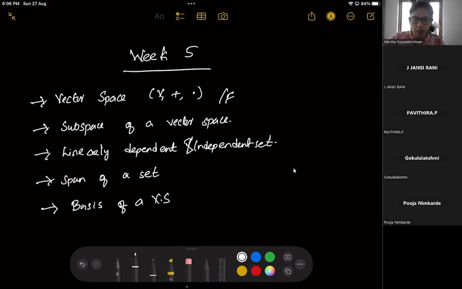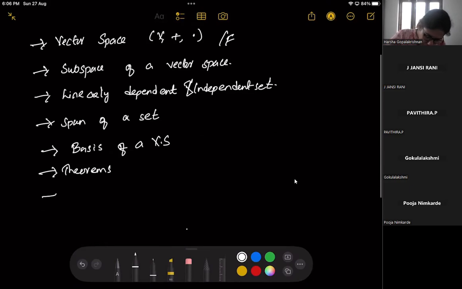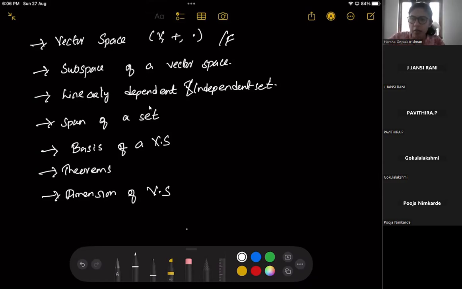There are some theorems related to this, and dimension. So these are all the concepts we have gone through in week 5.